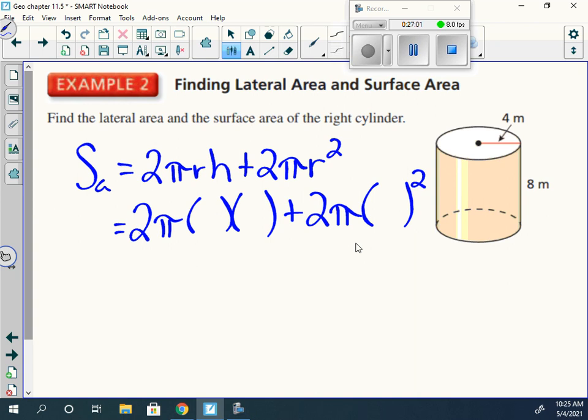Now with cylinders, we really are just going to end up filling this formula in. So when we look at this here, what is the radius of this cylinder? 4. So both of the spots where there's an r, we're going to fill in 4.